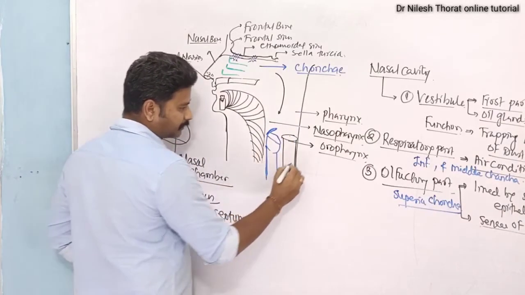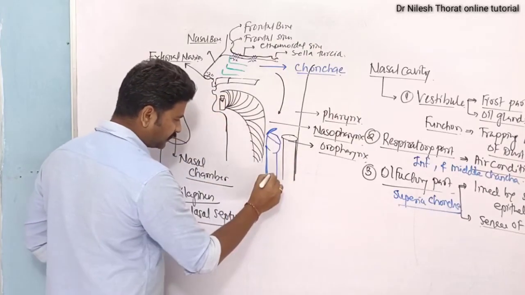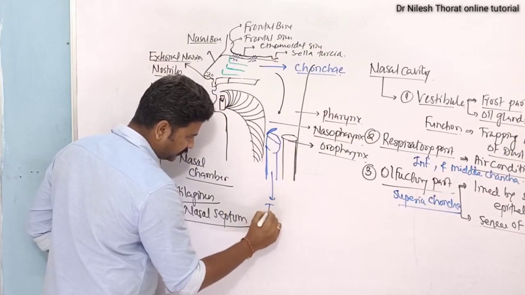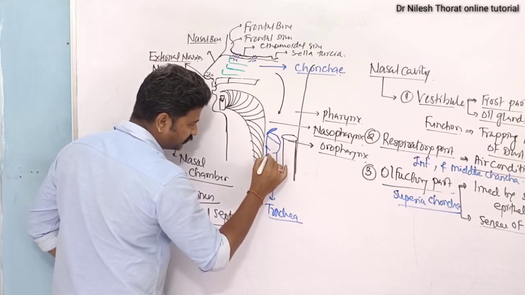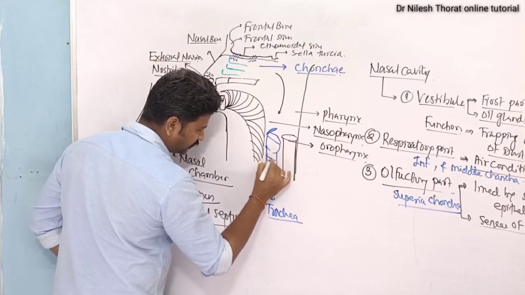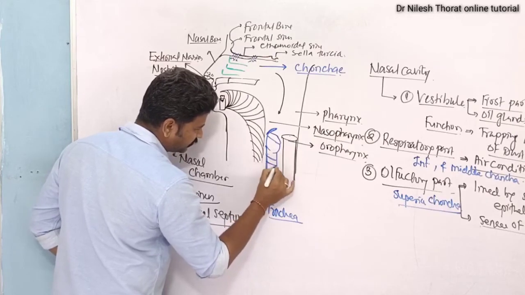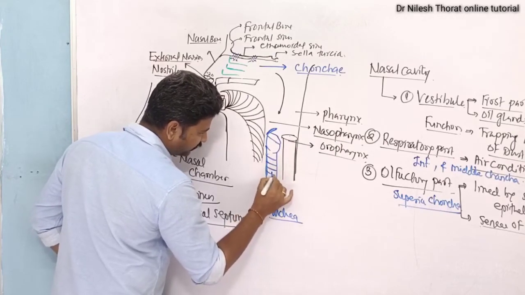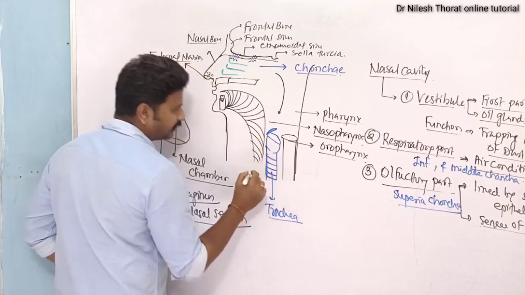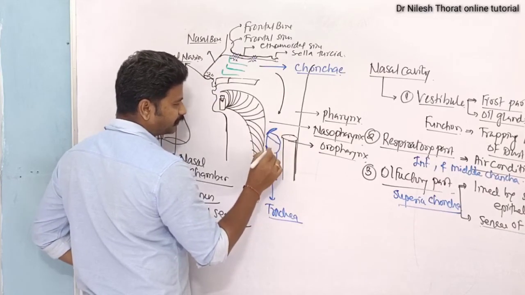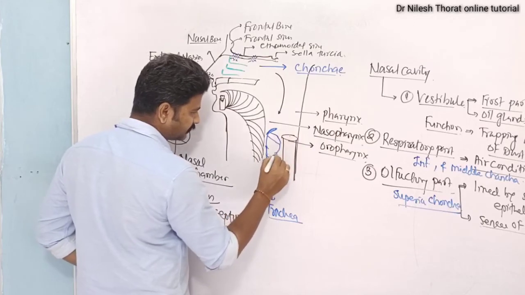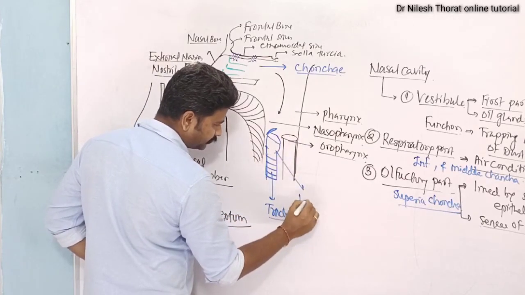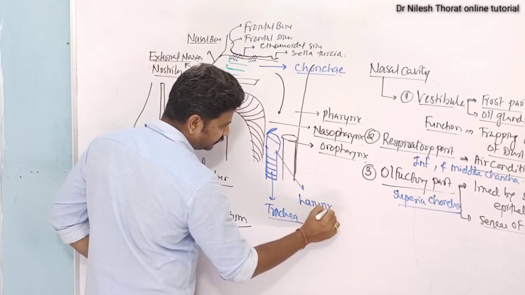So this structure is the esophagus, this is the trachea. The trachea is covered by C-shaped cartilage, so you can easily identify the trachea by palpating the tracheal rings, and this part which continues into the trachea is called the larynx.